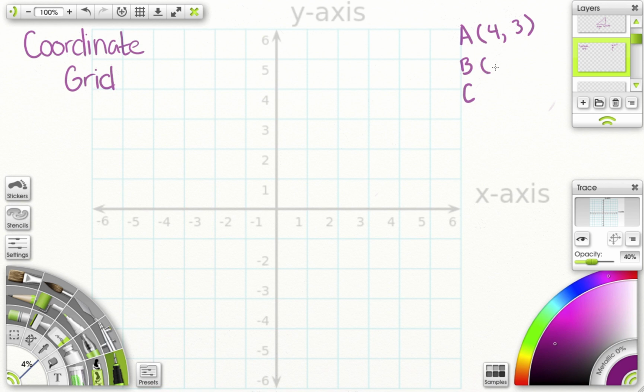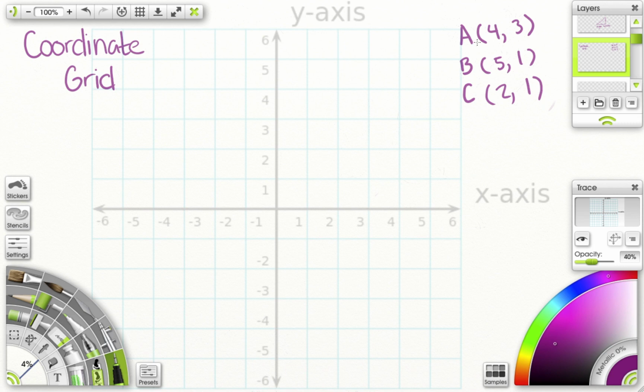B is going to be (5, 1). And C is going to be (2, 1). So I'm going to label my grid.